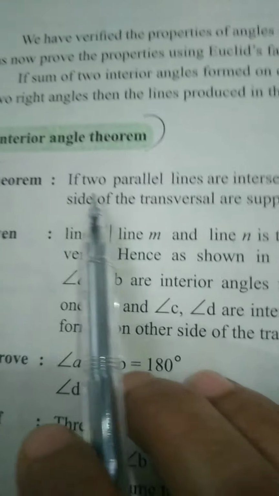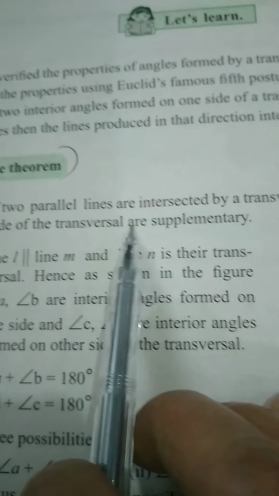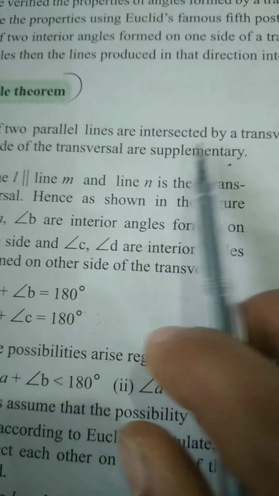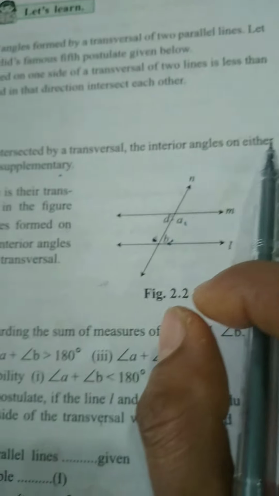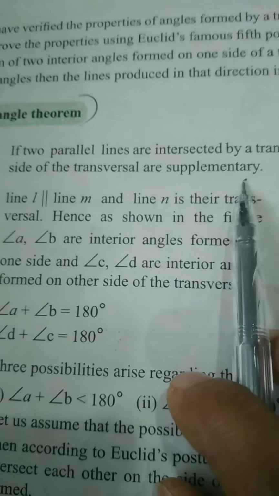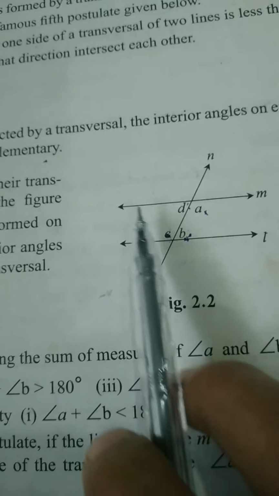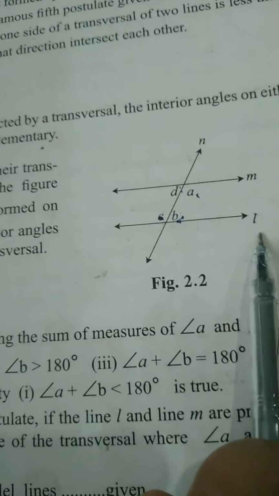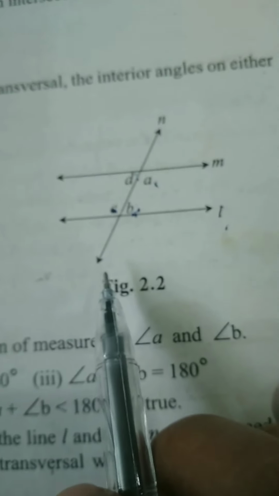See the statement. If two parallel lines are intersected by a transversal, the interior angles on either side of the transversal are supplementary. You can see M and L are the parallel lines and N is the transversal.